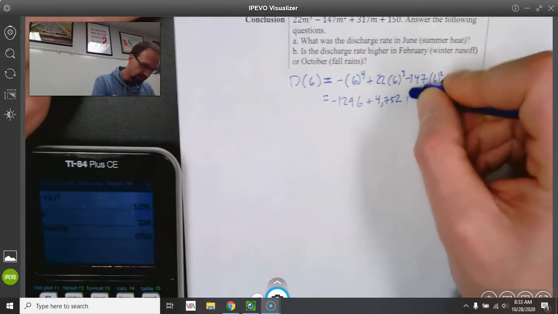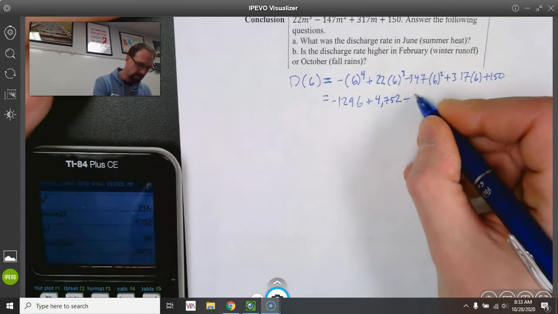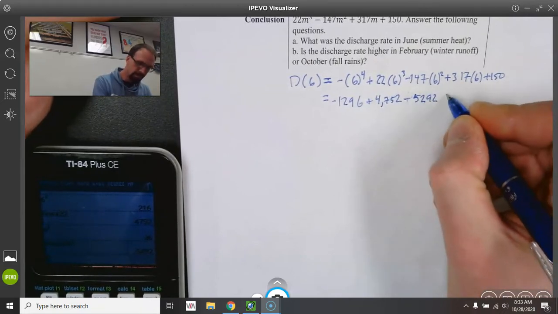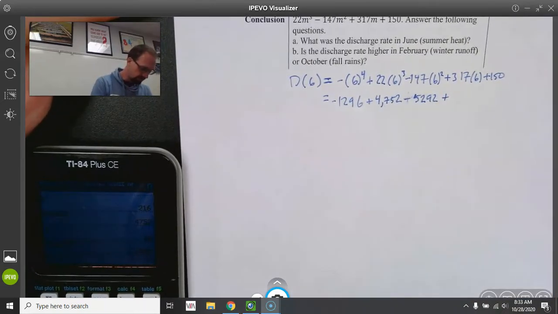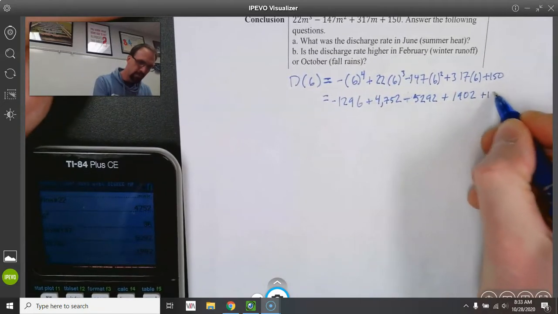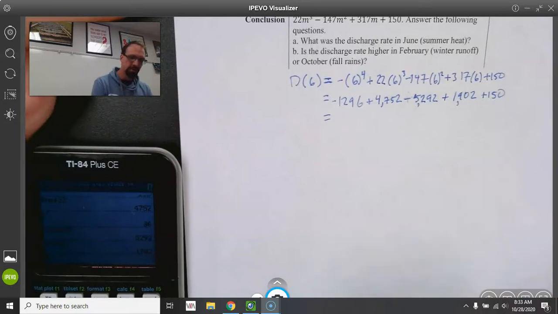It's going to be a minus. So 6 squared, 36 times 147, so that's going to be minus 5292 plus 317 times 6, 1902 plus 150.